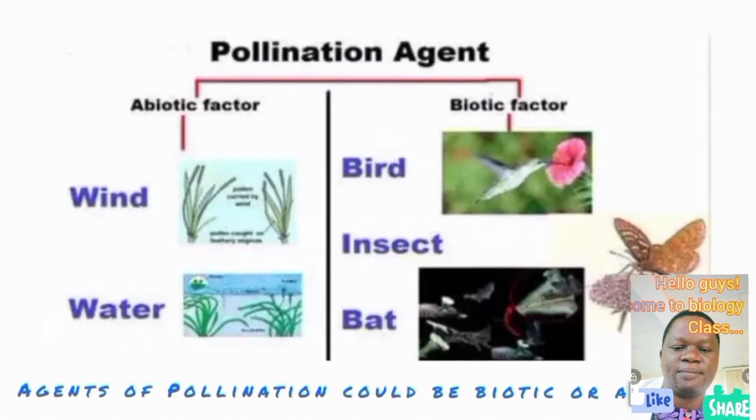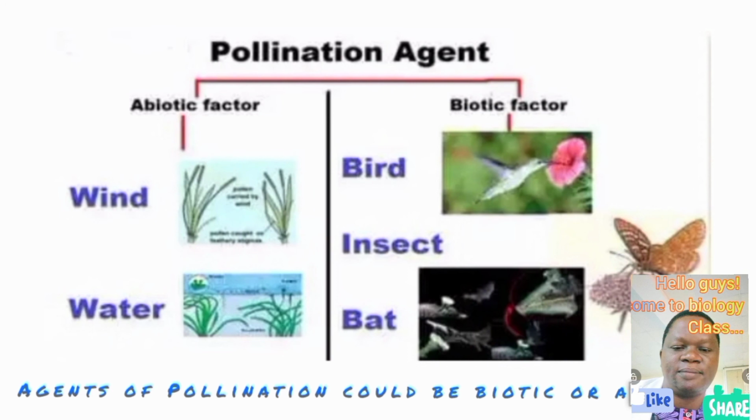So let's talk about agents of pollination. Those are the agents or factors that could bring about pollination, whether in cross-pollination or self-pollination, and they are divided generally into two: the abiotic factors and the biotic factors. The abiotic factors are the non-living factors, which could include wind or water.